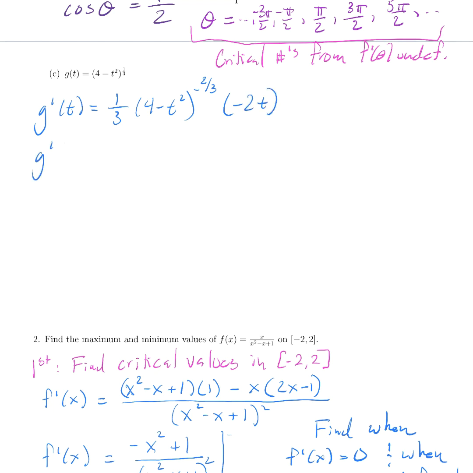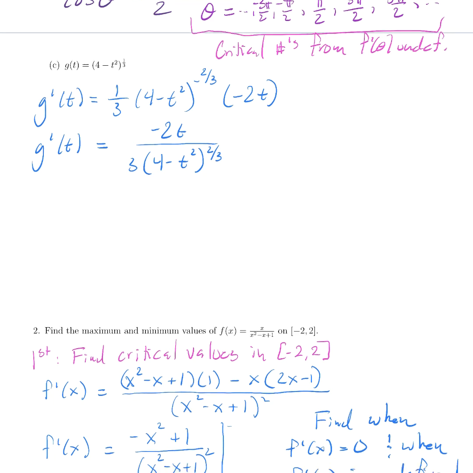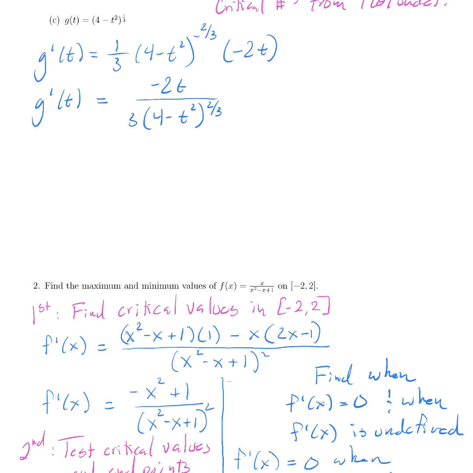Okay, let's rewrite g prime with positive exponents. Let's see, I think we get a negative 2t in the numerator and a 3 times 4 minus t squared to the 2/3 in the denominator. Okay, this one isn't so bad with the fractional exponents.